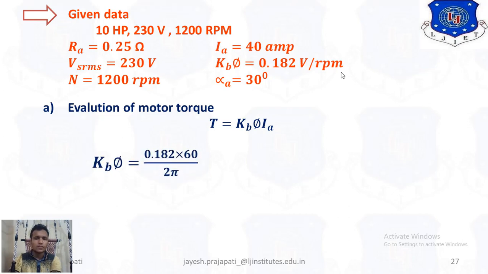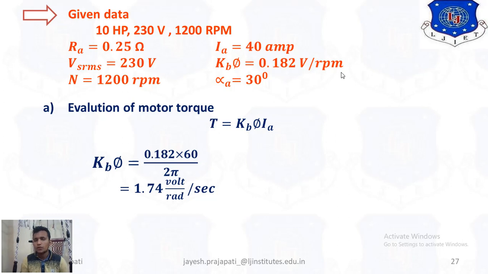So kb is equal to 0.182 multiplied by 60 divided by 2 pi. So it can be converted to 1.74 volt per radian per second. We have to convert from rpm to radian per second.